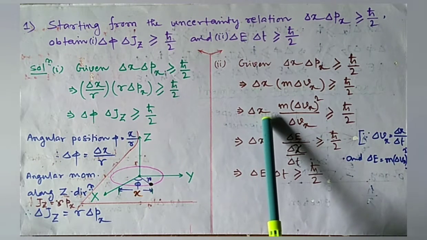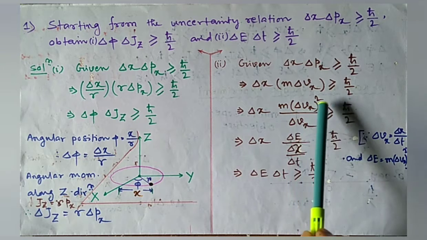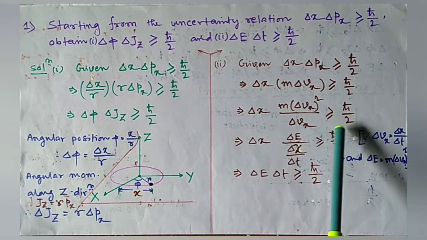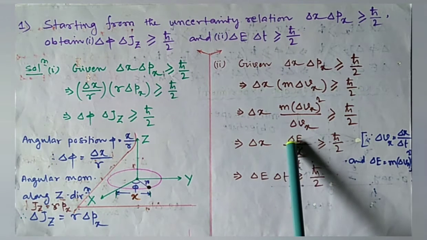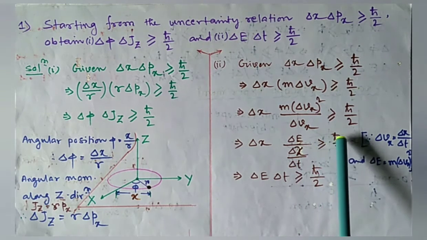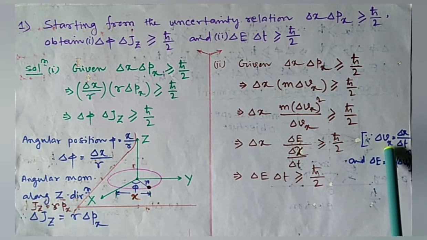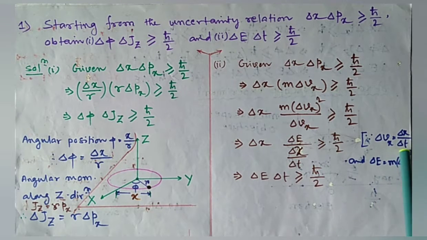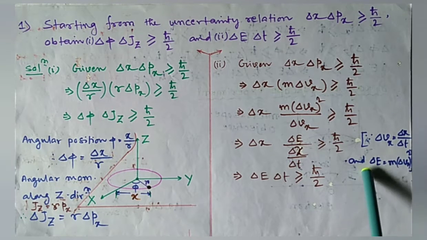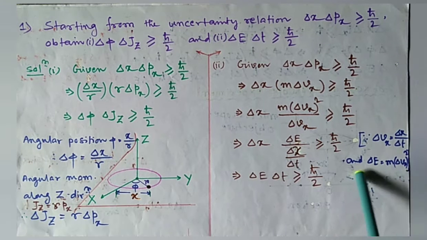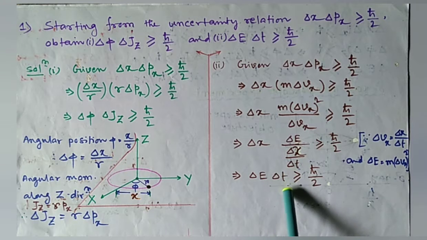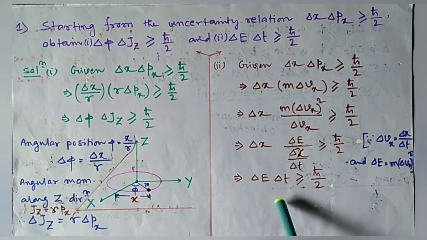Or we may write delta x into m delta vx square by delta vx greater than or equal to h bar by 2, or delta x into delta E by delta x by delta t greater than or equal to h bar by 2, as delta vx equals delta x by delta t and delta E equals m delta vx square. This is the uncertainty in measurement of energy, or delta E into delta t greater than or equal to h bar by 2, and it is proved.